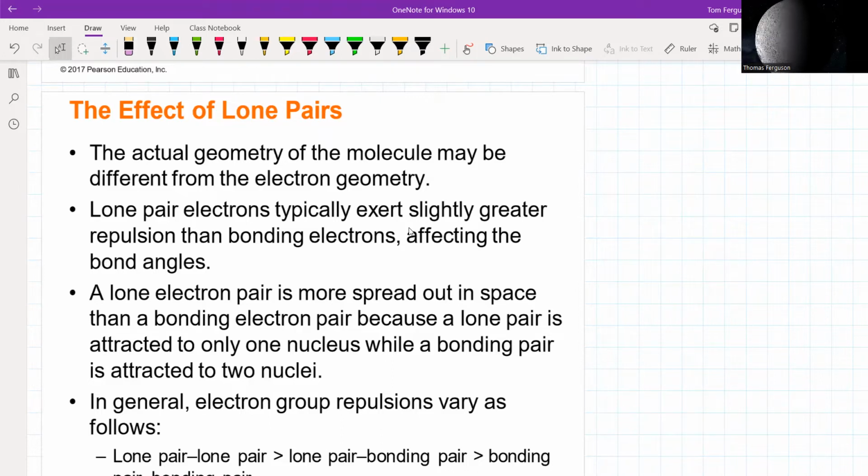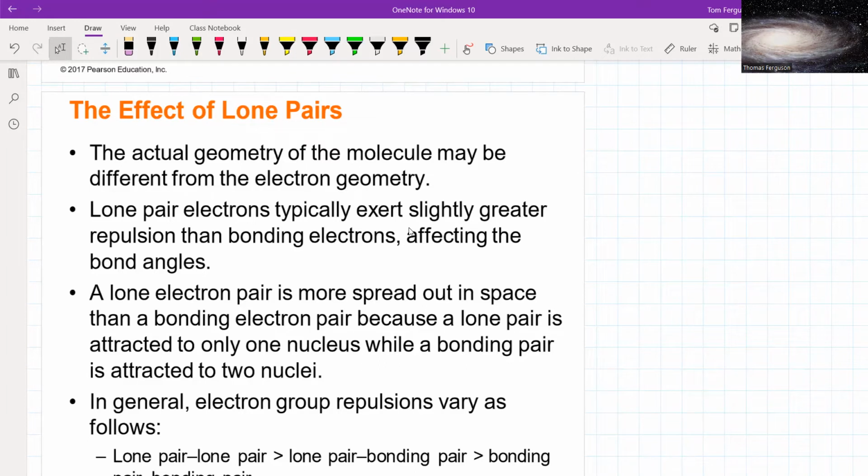Electron pair electrons tend to be closer to the central atom. A single electron pair is the furthest from the central atom. A double bond is closer, triple bond is closer, and the closest is a lone pair, a non-bonding lone pair. And that's going to affect the angles.